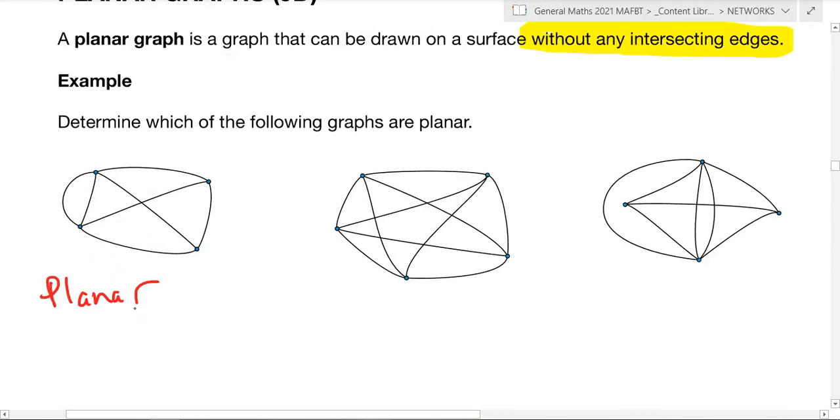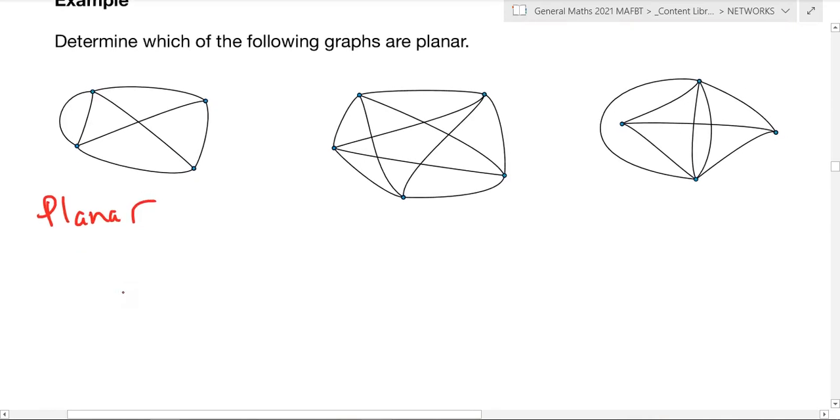What about this graph here? Is this planar? Well, clearly you can see some of the lines are intersecting. For example, this edge to that vertex there intersects with this edge, that edge, and this edge. They're all intersecting one another. So this is not planar.